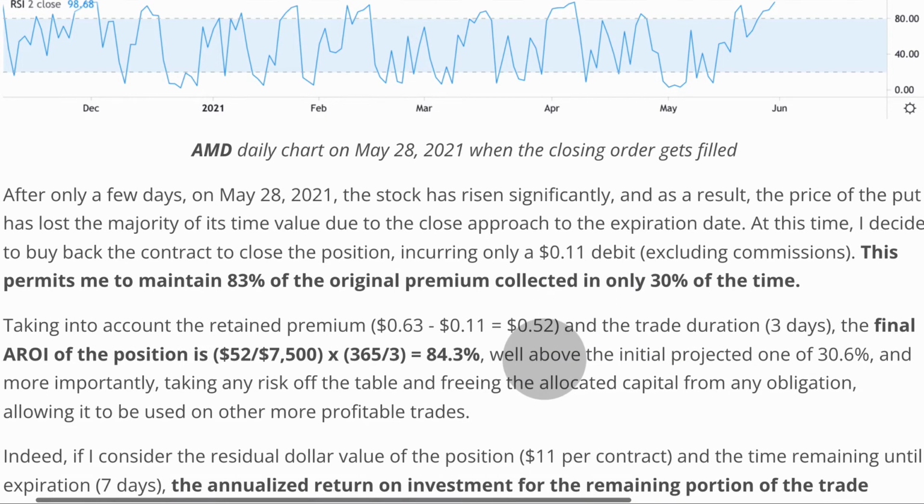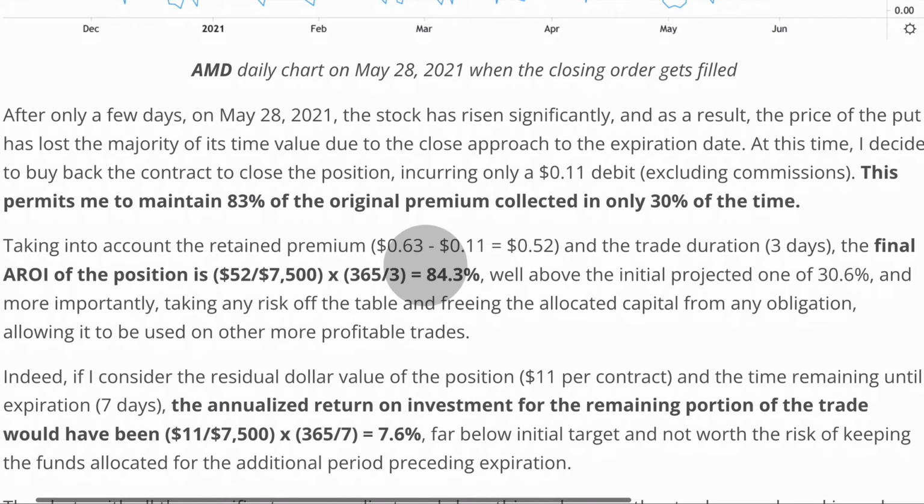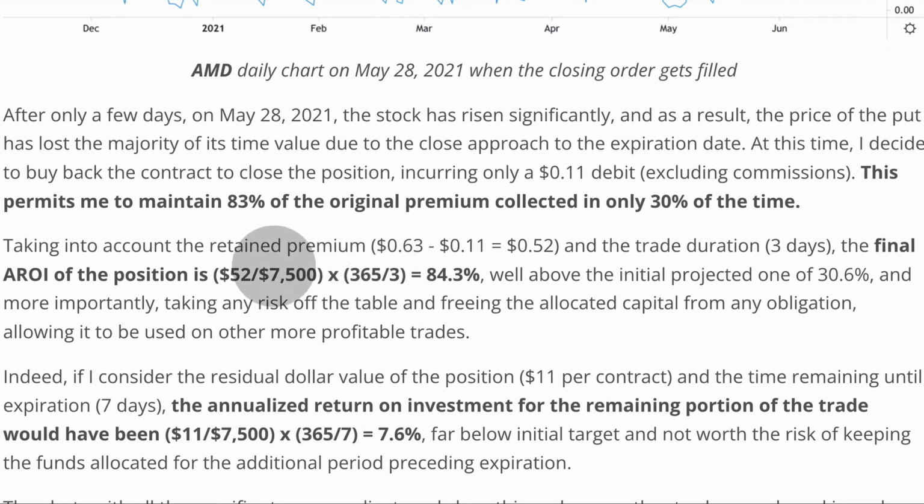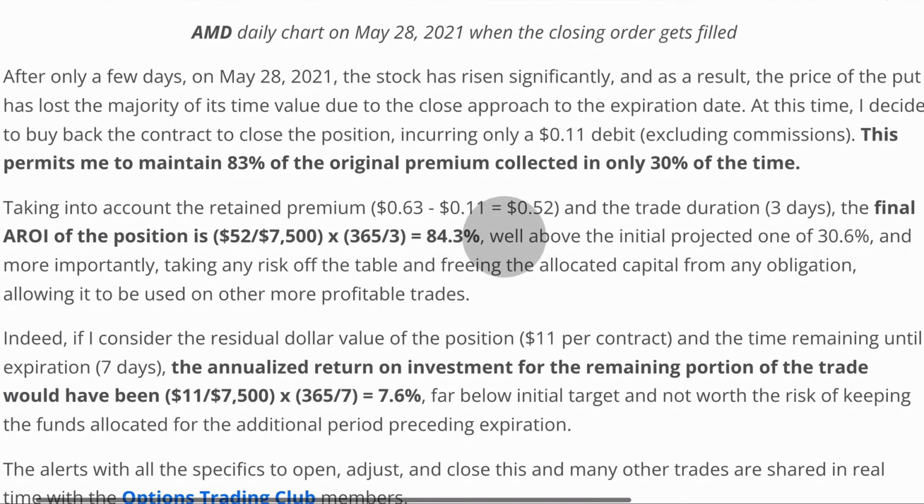And that is actually pretty good, because if you do the math now on the consolidated position after it has been closed, the final ROI in this case is 52 divided by 7,500, and then this time we have to divide by 3, that is the actual duration of the trade, and then multiply by 365, so for the entire year. And that brings me to a total annualized return of 84.3%.